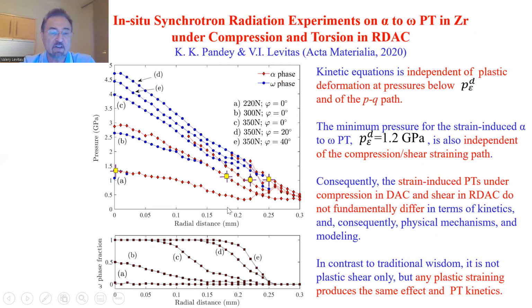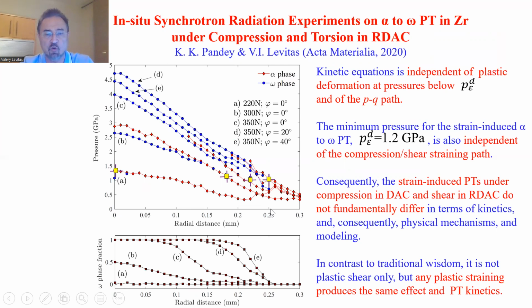But plastic strain increases significantly with radius, and also the plastic strain path completely changes. Here we have just compression without shear, and shear increases with increasing radius. And that means that the minimum pressure for plastic strain-induced phase transition is independent of plastic strain and plastic strain path.